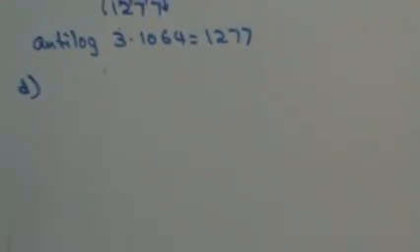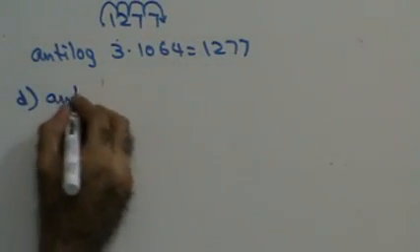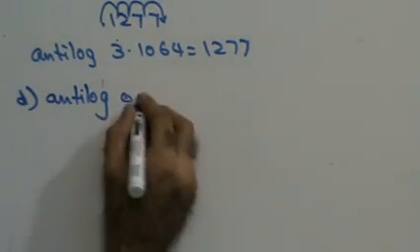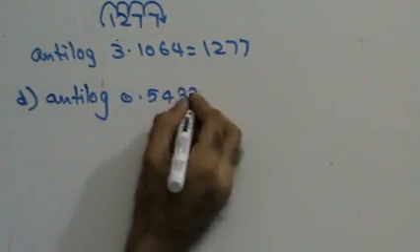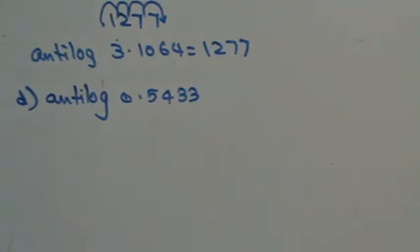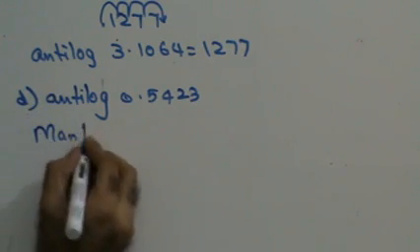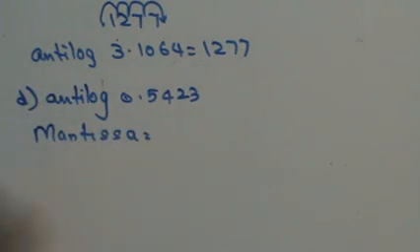Suppose if I have antilog of say 0.5423. Right? Now, mantissa. First find out mantissa.